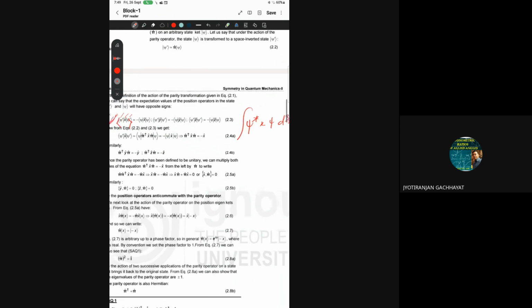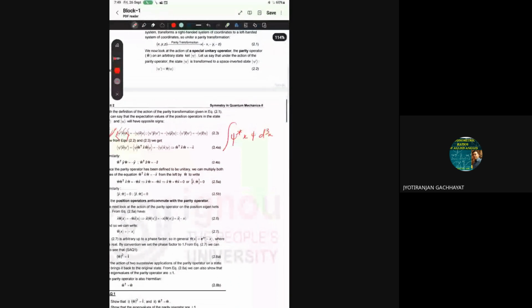Yes sir. So that is in bracket notation. I had discussed it actually in the previous two classes in the beginning. Maybe you were not there, but this is what you can correlate: psi star x psi dqx, whatever was there in wave mechanics, is in bracket notation written like this.